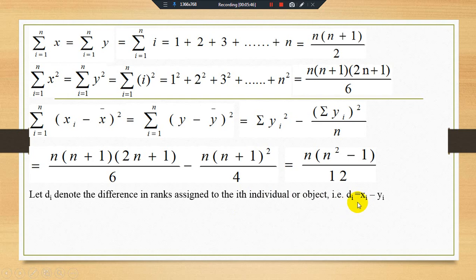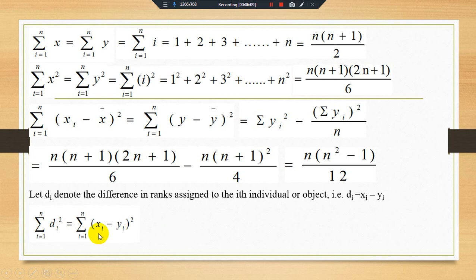Now suppose that d is equal to xi minus yi. So this means that if we take the square of d, then the right hand side will become summation from i equal to 1 to n of xi minus yi square.